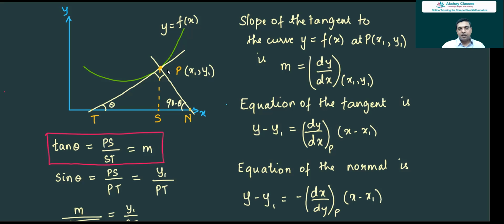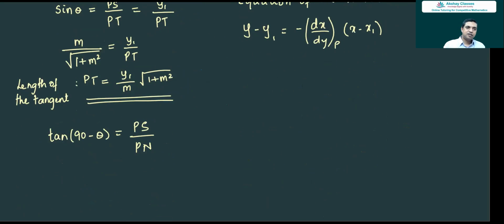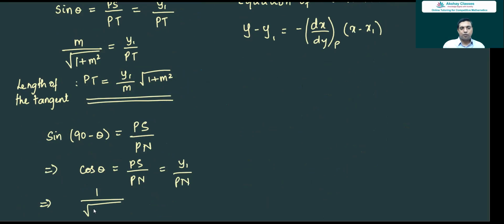I want PN, so it should be opposite side by hypotenuse, so it should be sine. Sine of 90 minus theta is PS upon PN. So we get cos theta is PS upon PN. PS is y1. Cos theta will be 1 upon root of 1 plus m square, because tan theta is m.